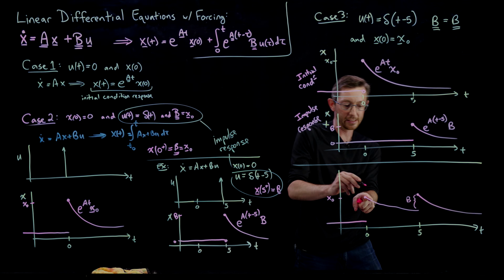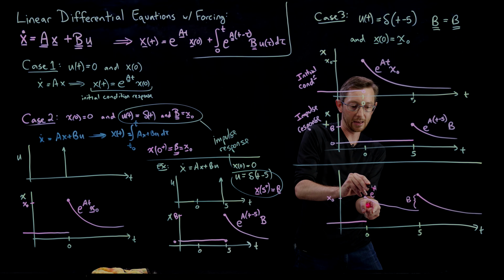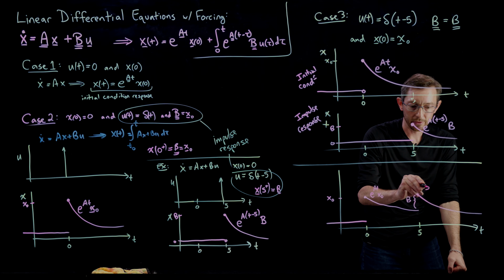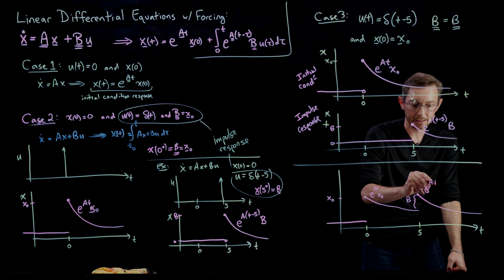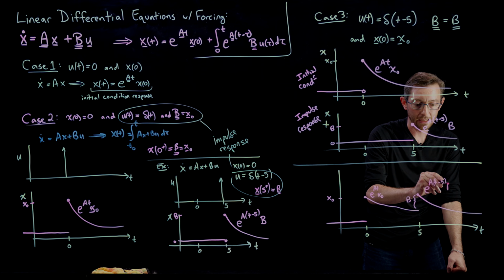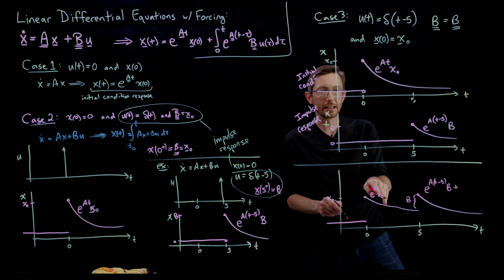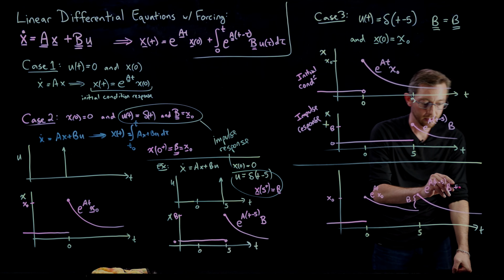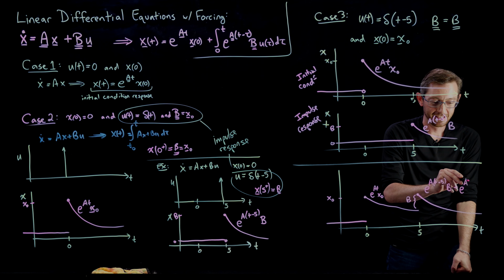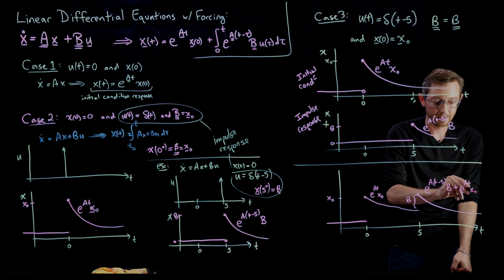So for here, this is e to the at x naught. Here, this is e to the a(t minus 5) b plus whatever e to the at was, plus e to the at x naught.